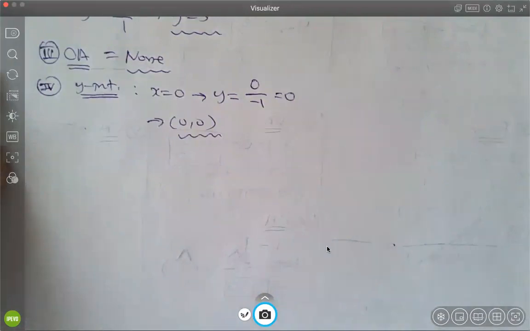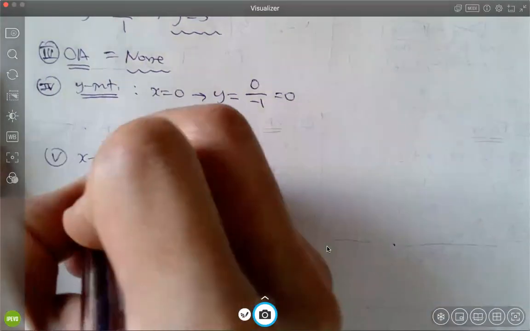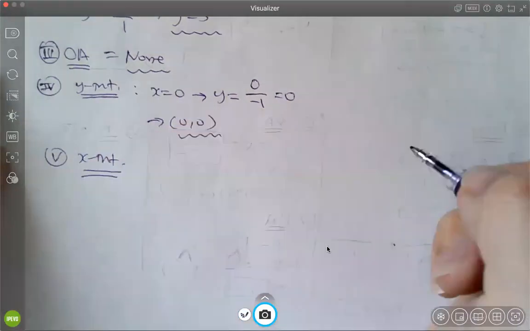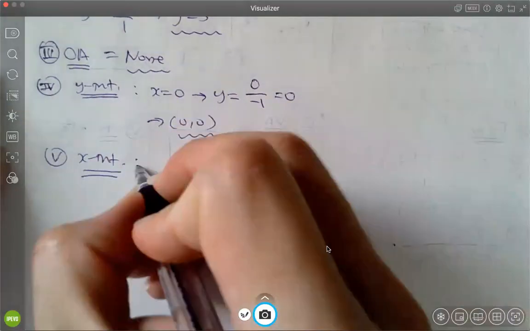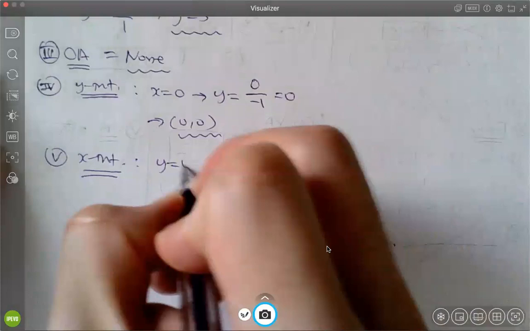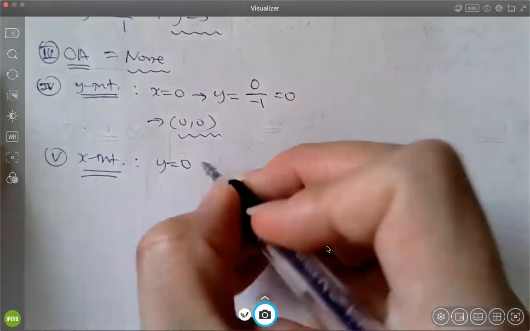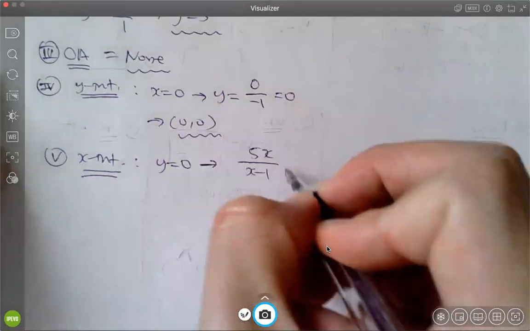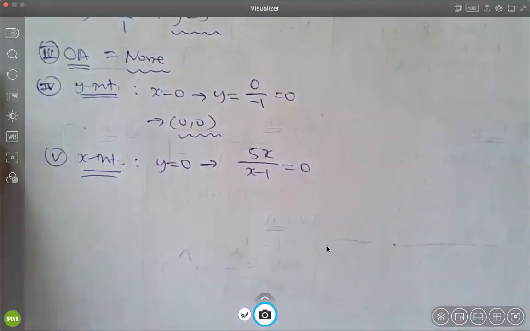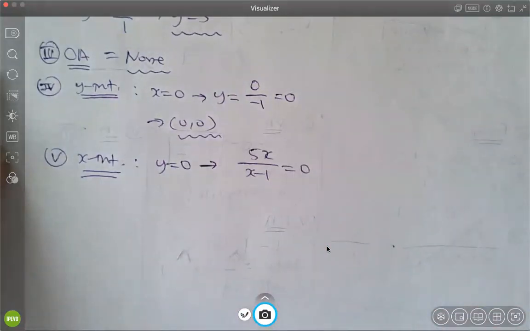Okay, so now the x-intercept. For the x-intercept, you set y equal to 0, right? And what does that mean? That entire fraction, 5x over x minus 1, is equal to 0. So now ask yourself, the fraction is equal to 0, so what does that mean? What has to be equal to 0, the top or the bottom?